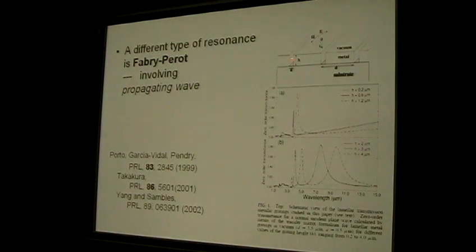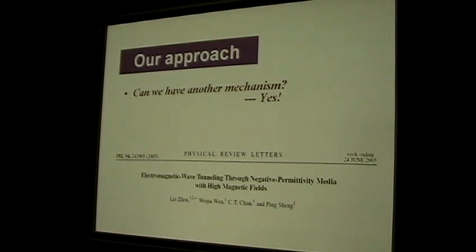So they can form a kind of FP resonance across this metal film, so that when this condition is met, Professor Pendry's group found that it can support high transmission. And indeed, a group from England performed a microwave experiment to demonstrate this idea. It's a very simple idea. So now our approach is, can we have another mechanism? Yeah, the SACS. The paper was published about 4 years ago.